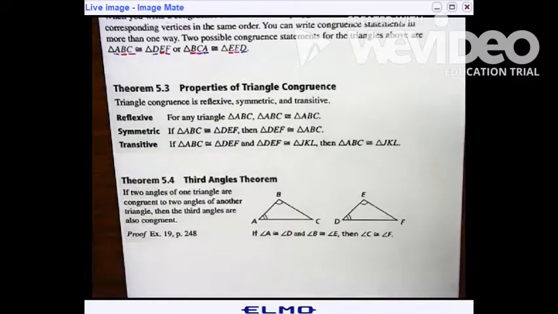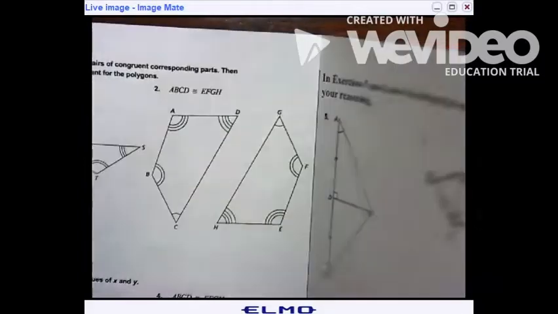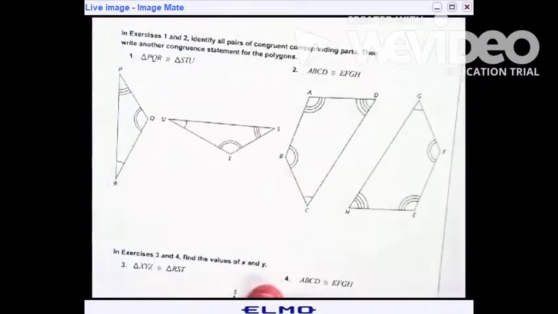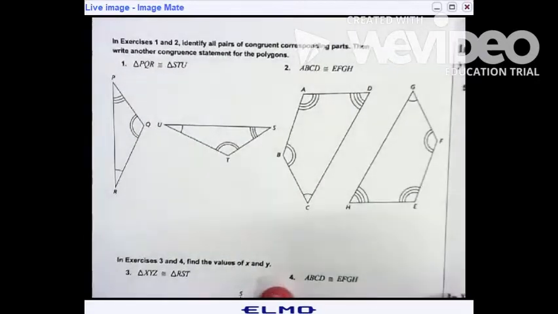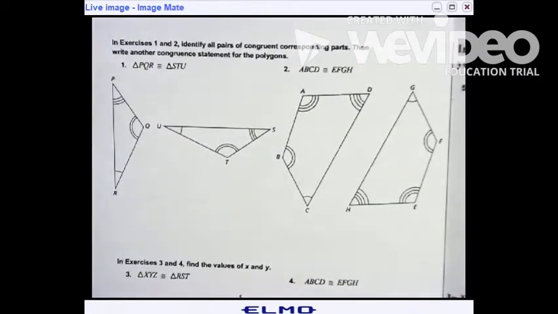Okay? All right. So let's take a look at a couple of examples here. Let's see what we can do with this. All right. So 1 and 2. What do we got here? Identify all pairs of congruent corresponding parts, then write another congruent statement for the polygon.